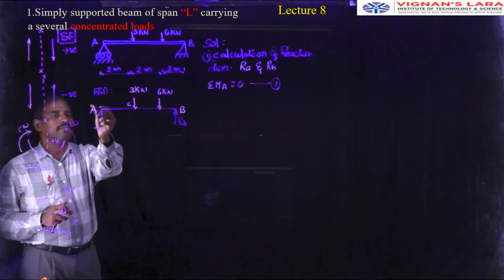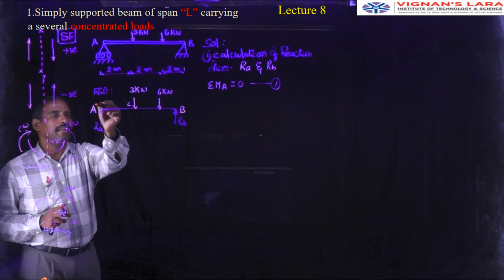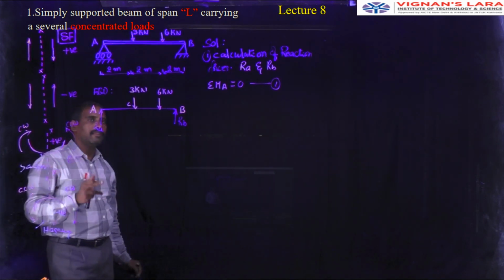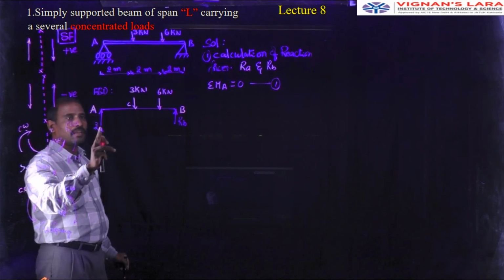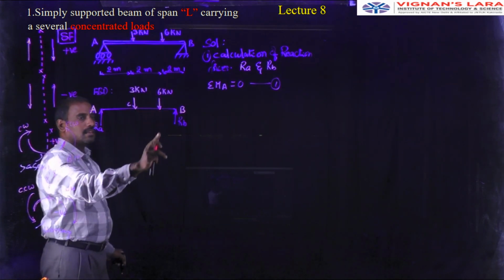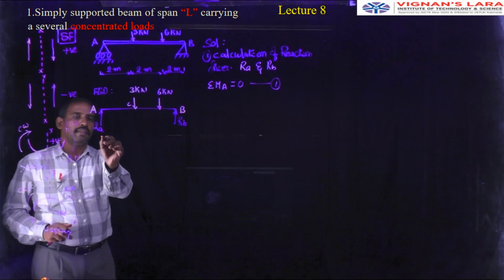Whenever you take the moments of all the forces about A, the moment produced by RA about A is 0. It means you have to measure the perpendicular distance from A to the line of action of the 3 kilonewtons, the 6 kilonewtons and RB.